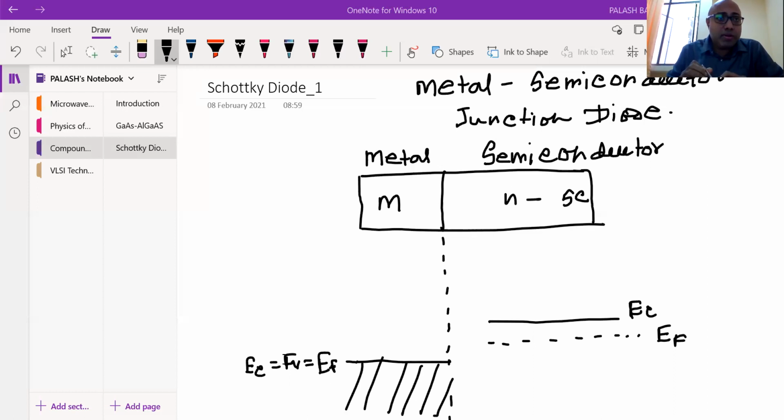Sorry. So that's what I'm telling: when an electron is in the metal, it is under the influence of the metal's protons, the metal atoms or nucleus.